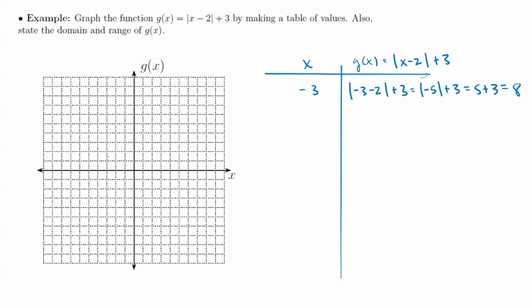So I have negative 3, 8. So we have this point right here. And negative 4 in absolute value plus 3 is 4 plus 3, which is 7. So at negative 2, I'm at a y value of 7.